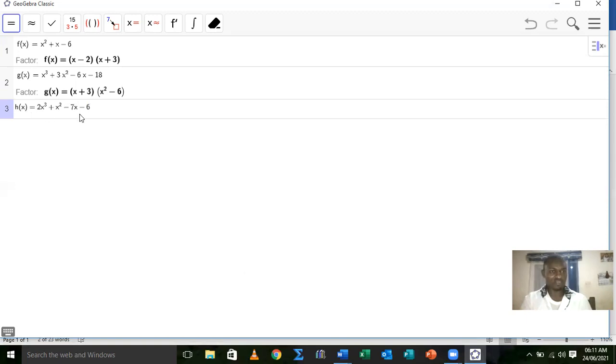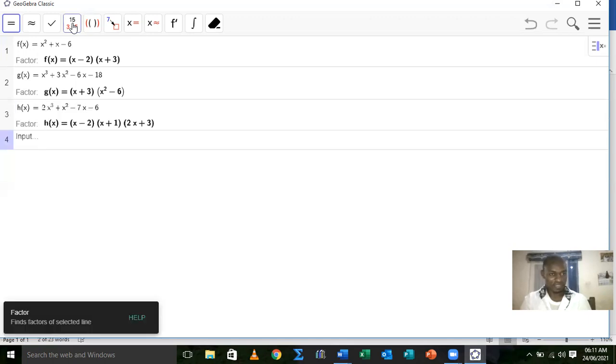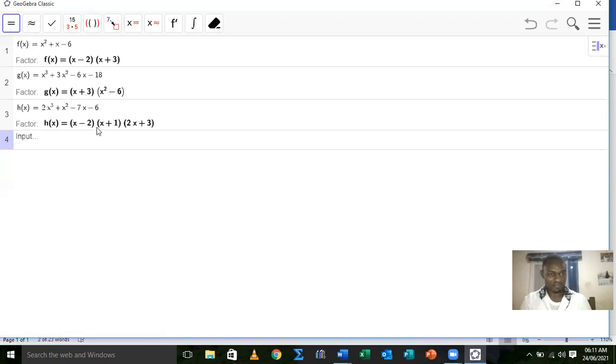Once you input the function, you go directly to the factorization option and click there. Again, we have our linear factors. Once all the factors of the polynomial are linear, it tells us that that particular polynomial could be completely factorized.